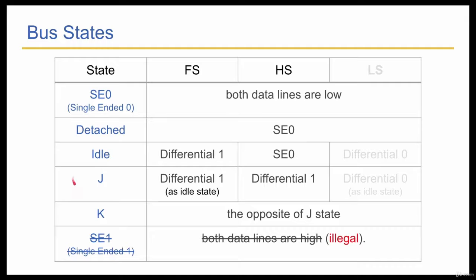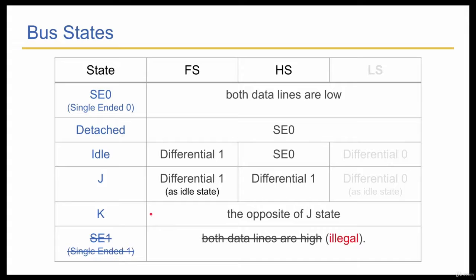The next state is the J state, which I'm going to mention combined with the K state. So the next two states are J and K. These two states, the J and K states, are the major states used to transmit data over the bus. They are called K and J because, as we saw in the previous lesson when we talked about the differential states, the electrical state may differ between the different USB speeds.